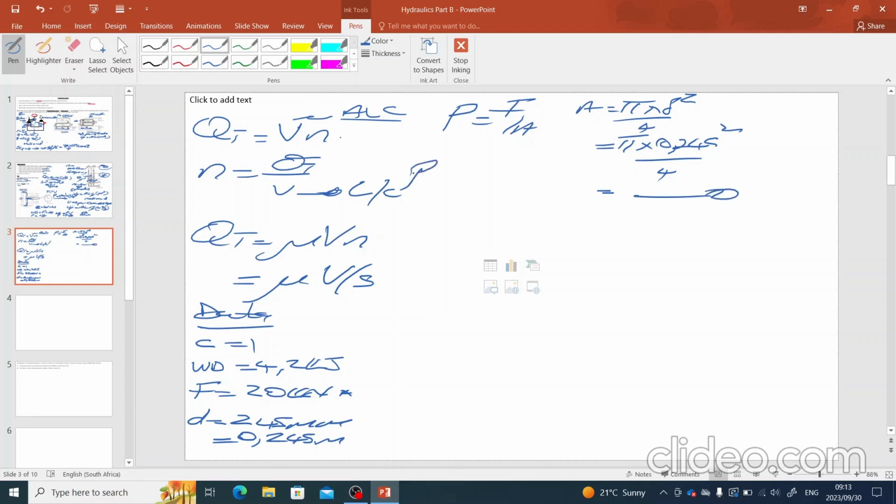Then let's summarize: pressure equals force divided by area. Force is 20 times 10 to the power 3, divided by pi multiplied by 0.245 squared divided by 4. Okay, let's punch it in the calculator.